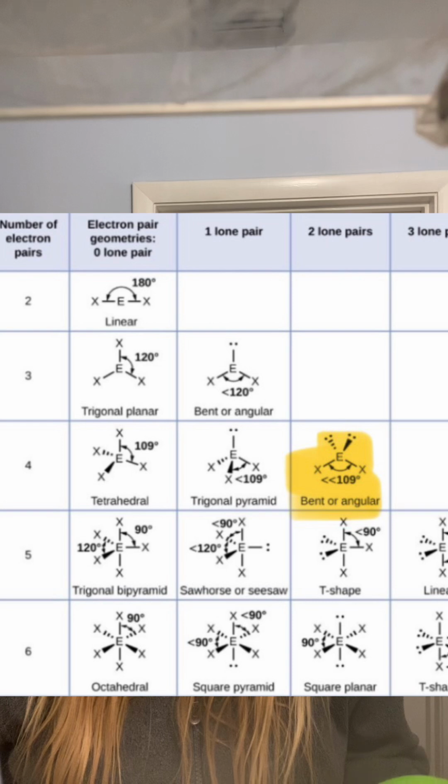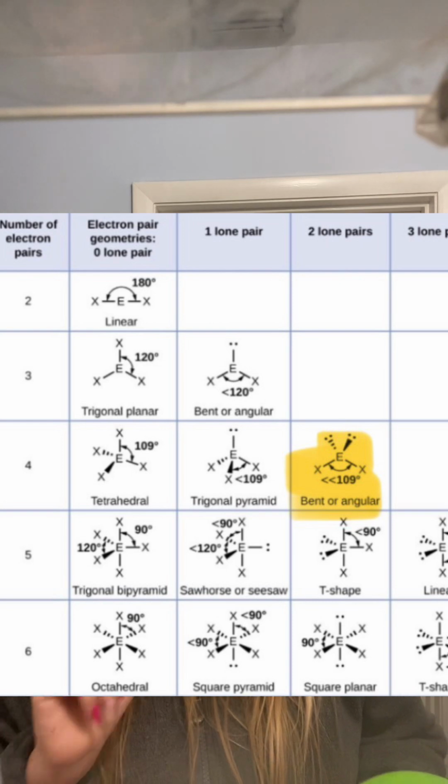Now let's look at bent or angular with two lone pairs. A good example of this is H2O, where the oxygen atom has two bonding areas and two lone pairs, and this results in a bent or angular geometry. So we'll use four balloons for this one, two representing the bonding areas and the others, one kind of in the back, one kind of in the front, for the lone pairs.